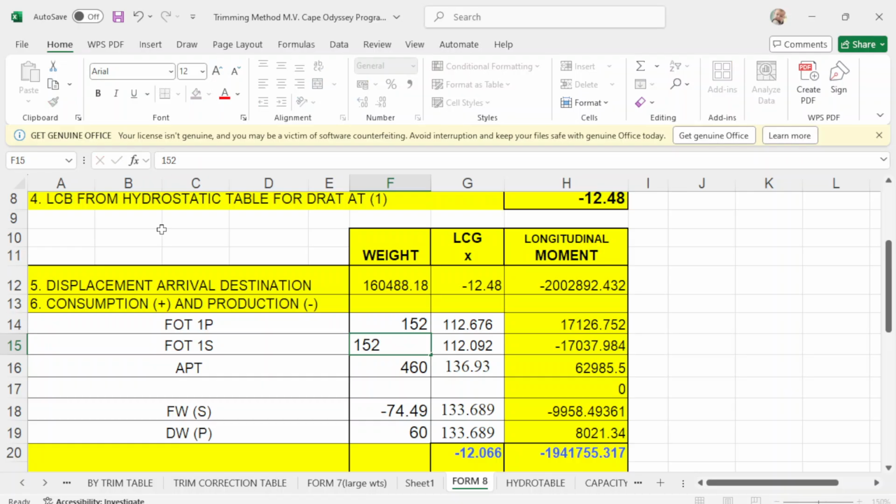It says here consumption is positive, so it is positive.